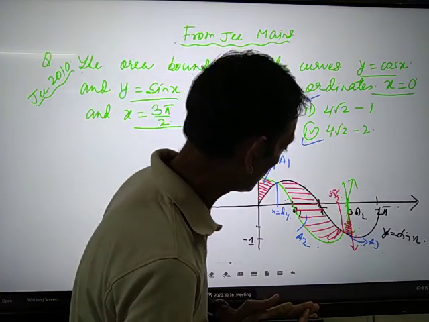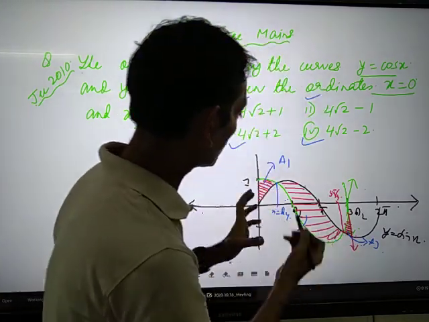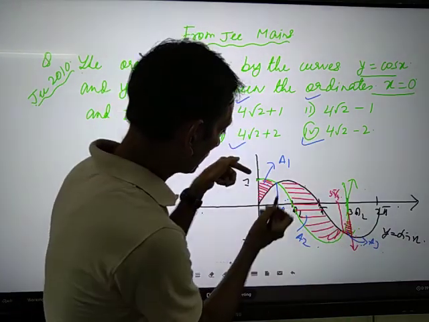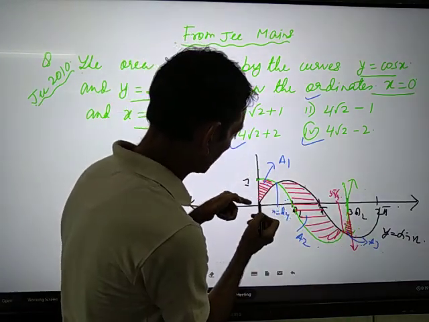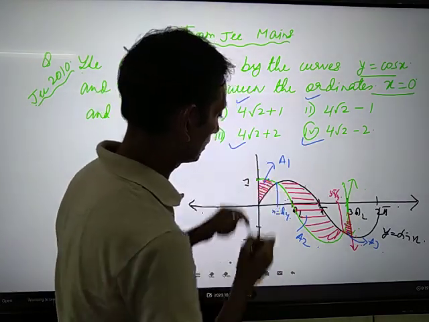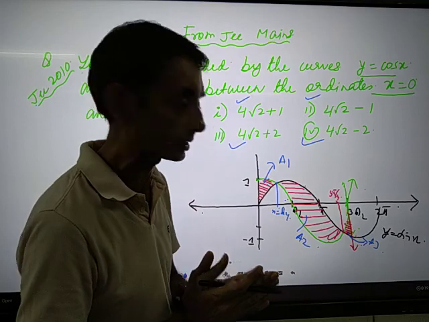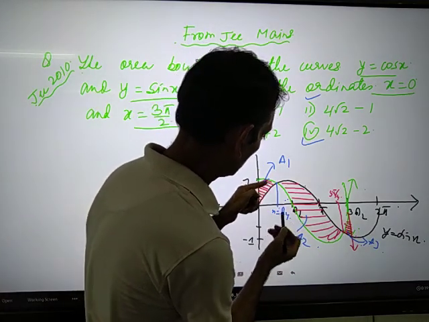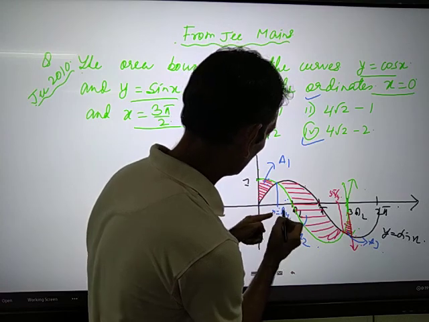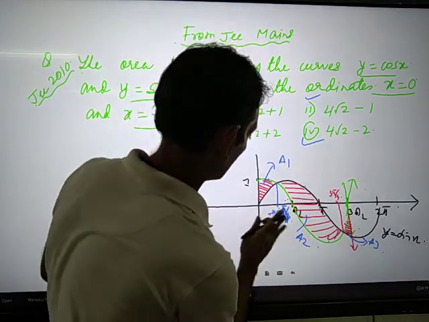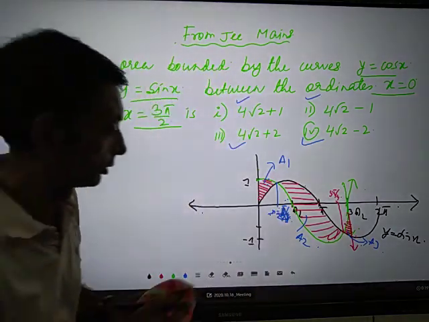Why do we need to divide the whole shaded portion into 3 parts? Because in the interval 0 to pi by 4, cos x is greater than sin x.